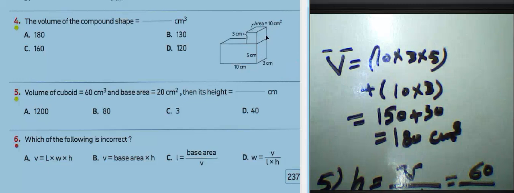So we must divide this compound into cuboids. The first, 10 times 3 times 5, volume of the base, and the volume of the top, 3 times 10. Why 3 times 10? Because this is a rectangular prism, area of the base times the height. 10 times 3 equal 30, 30 plus 150 equal 180 cubic centimeter.